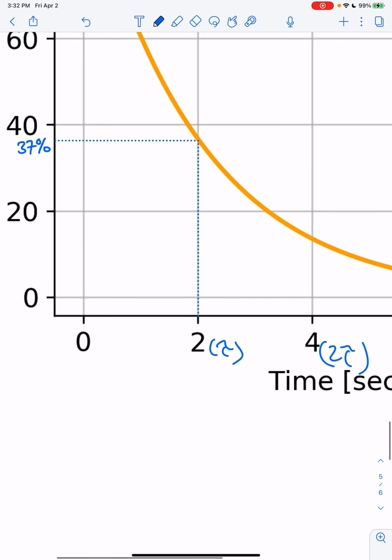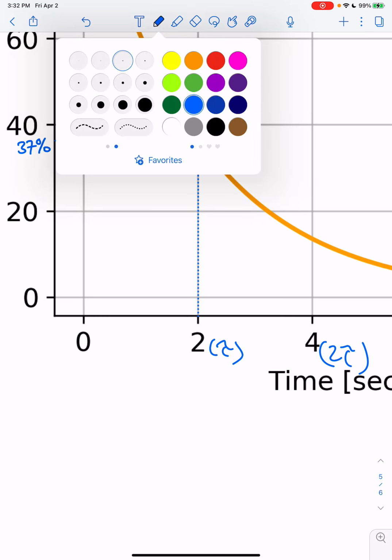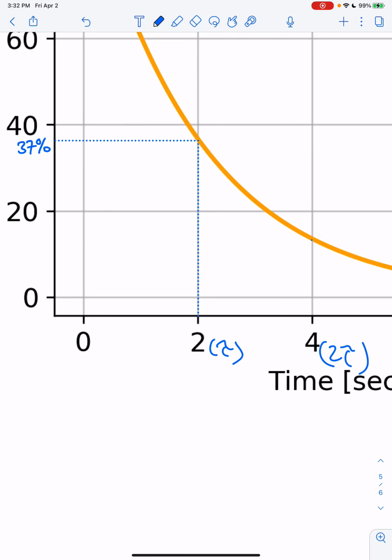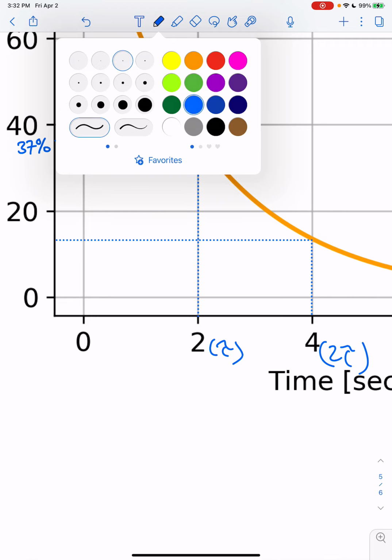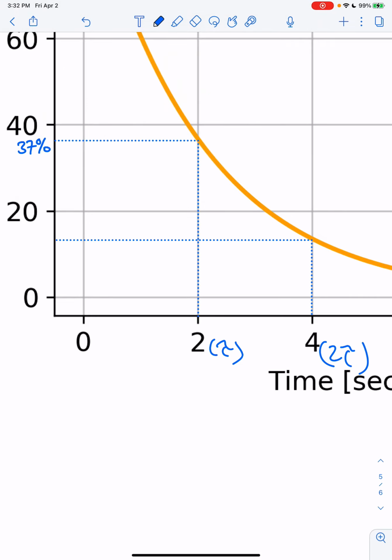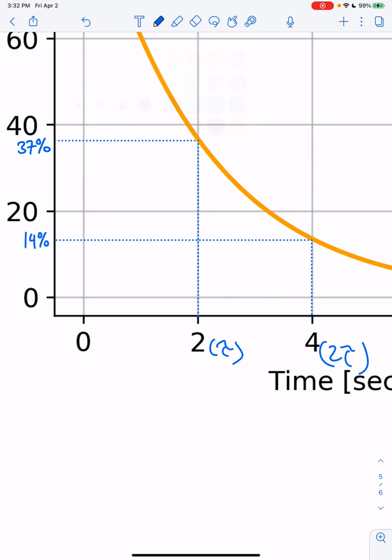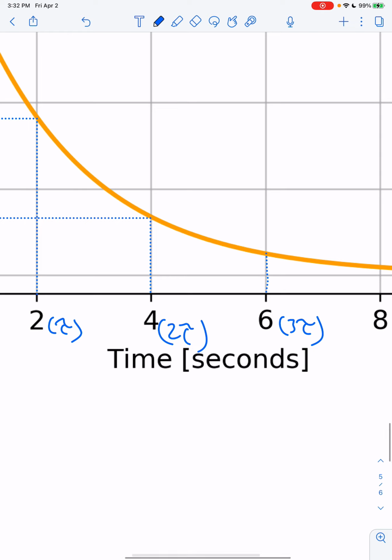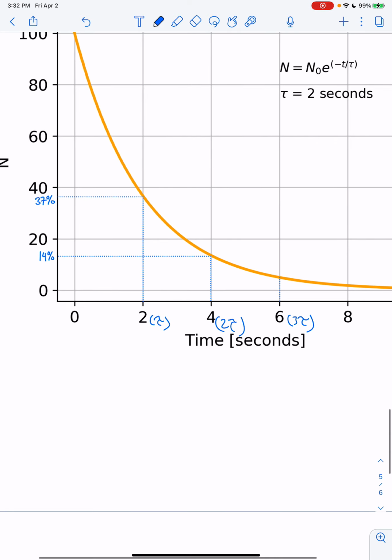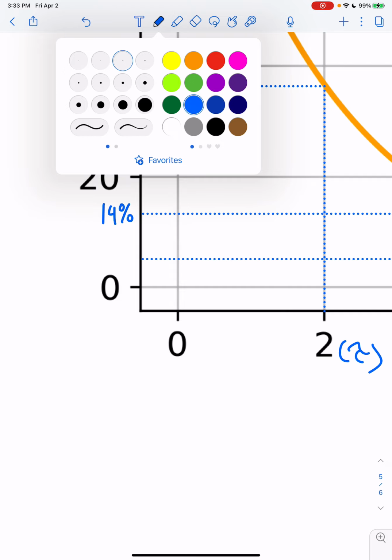And what about the next tau, 2 tau? That is going to be our 14%. And our final value that we were looking at just a moment ago, that's 3 tau, and that's our 5%.